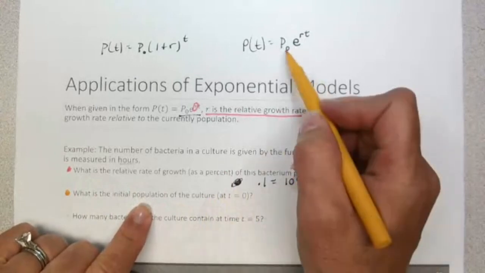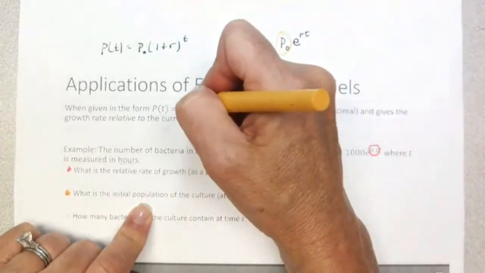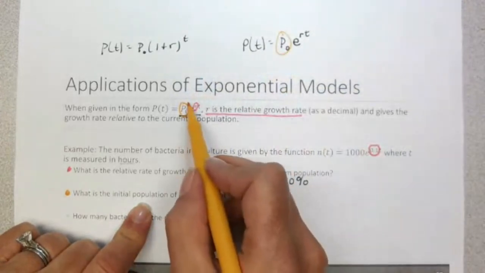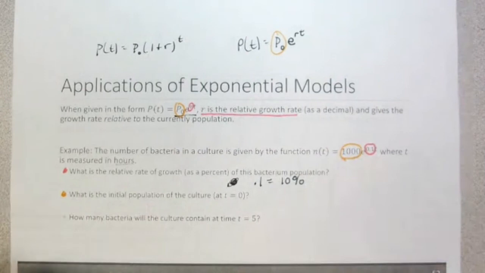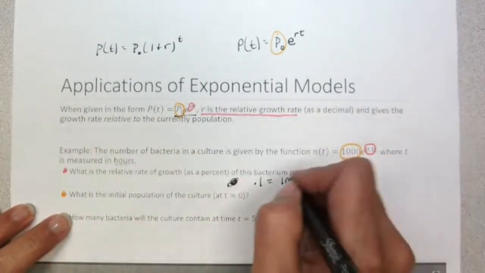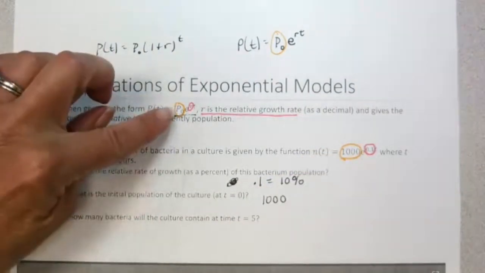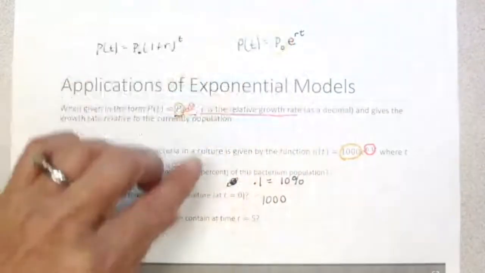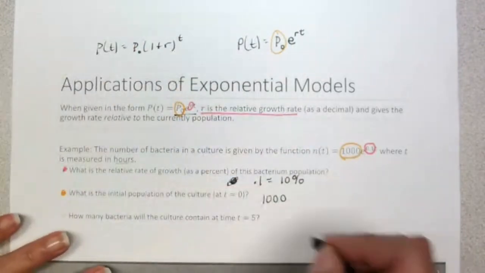The initial population, that's this p sub 0 in the formula. It's the coefficient in front of the e. You can think about it that way. So here it is. It's 1,000. So my initial population, when t is 0, is 1,000. If I know the form, I can see from the pattern that the initial population is 1,000, but I could also have evaluated that.